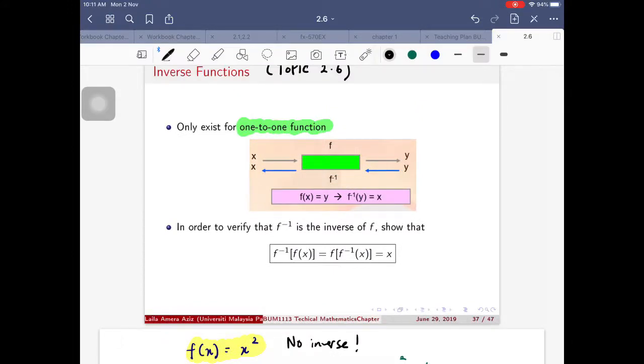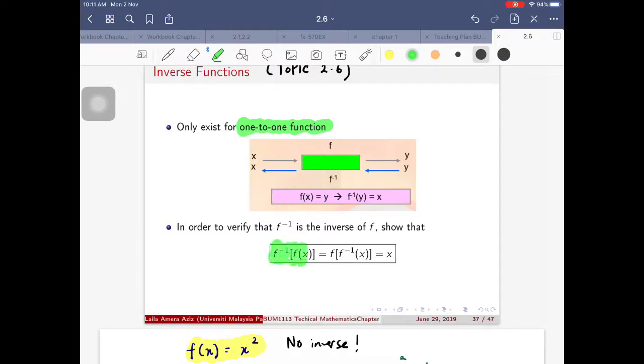So how do we verify? If the question says verify that f inverse is the inverse for the f function, this is how the verification is done. Verify means prove. So prove that f inverse is the inverse of f.